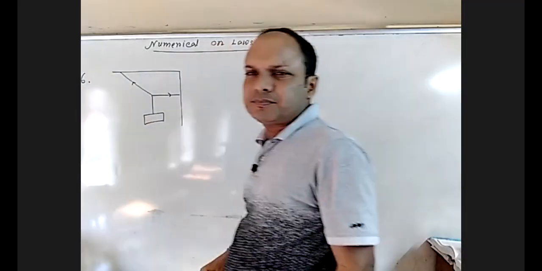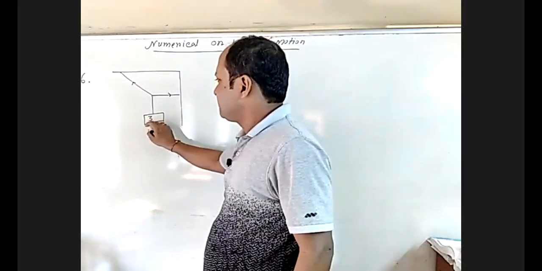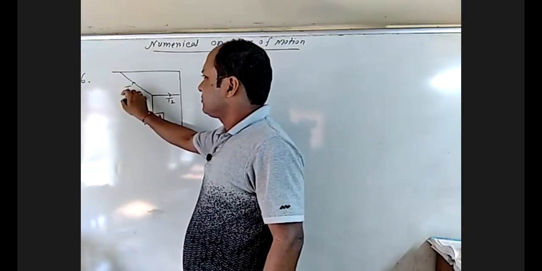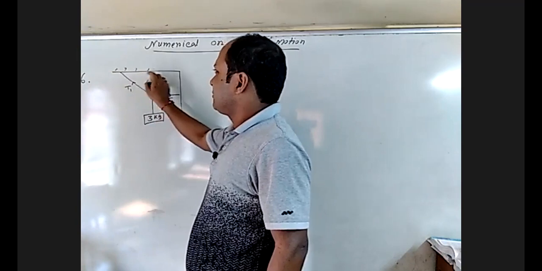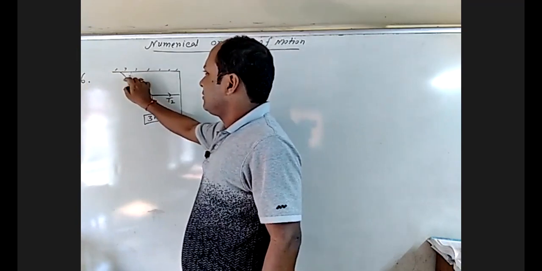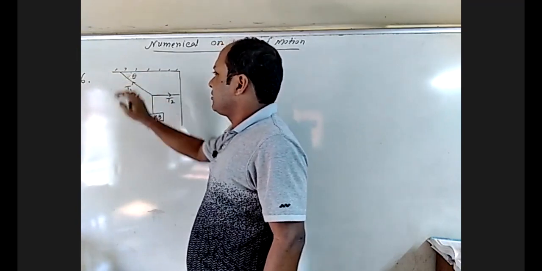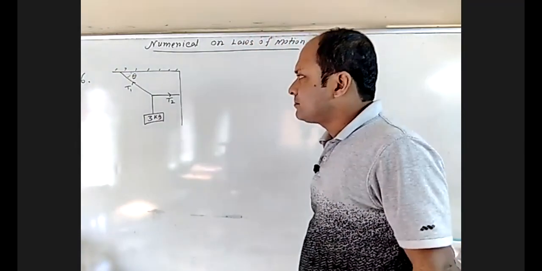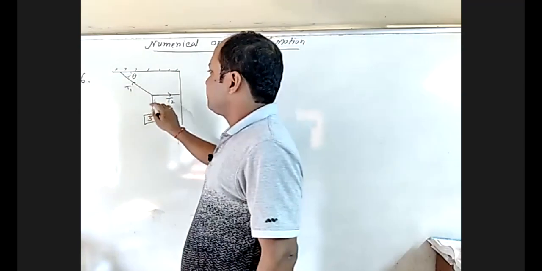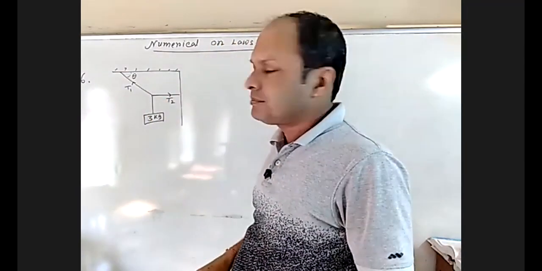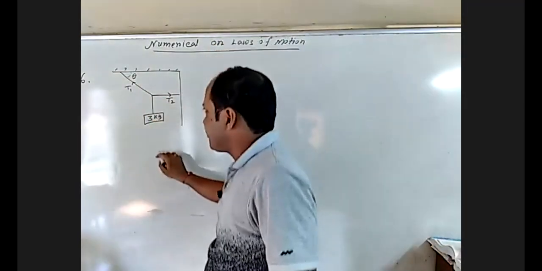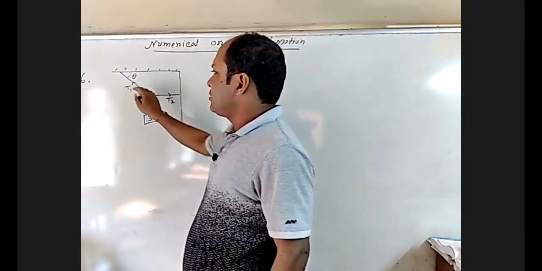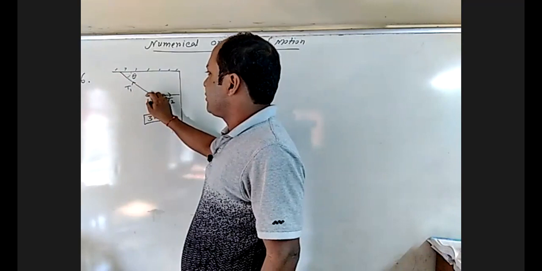Now this is 3 kg. This is T2. This is T1. This is theta. You are asked to find T2 and theta. Now you see, this is the weight and this is the tension. So this tension should have two components.